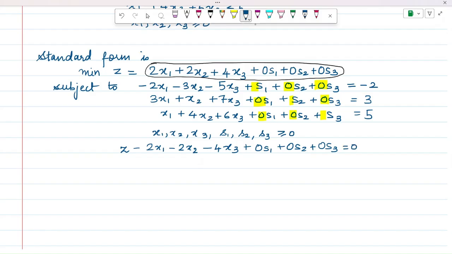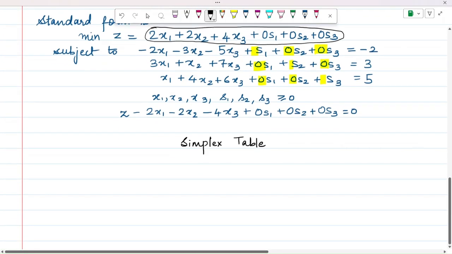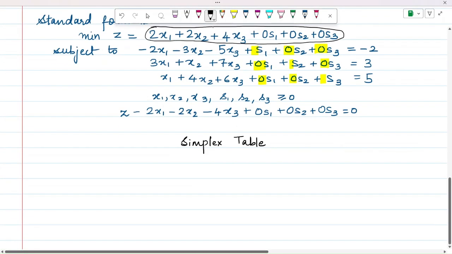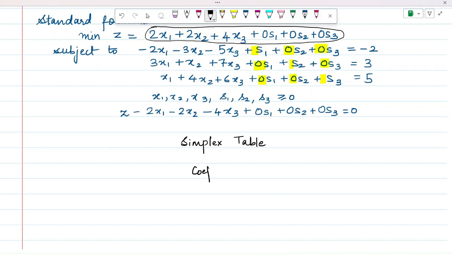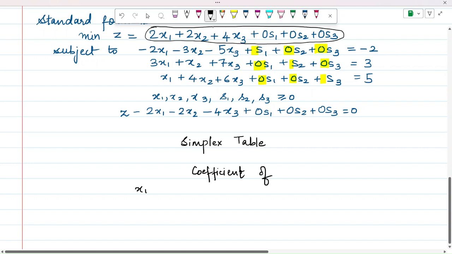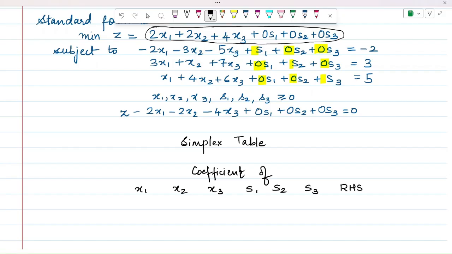Now we start with the simplex table. The simplex table, as we call it, is going to have all the variables. So we'll have the coefficients of all the variables, that is x1, x2, x3, s1, s2, s3, and we'll also have the RHS.